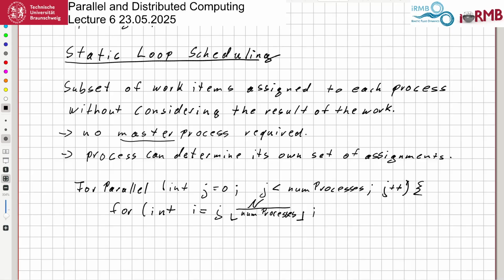int i. Yes, and then we see whether this is smaller than (j plus 1) times n divided by the number of processes. i plus plus, and then you do your work.